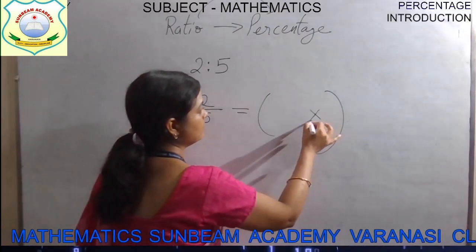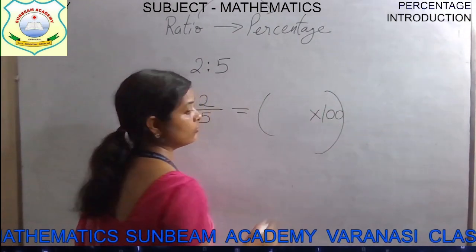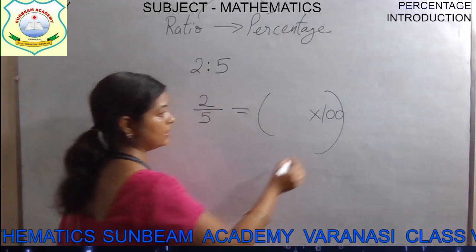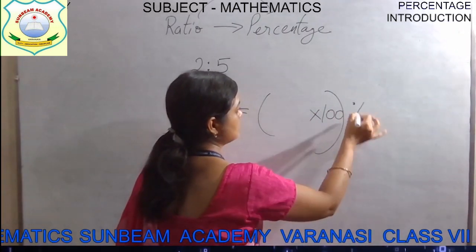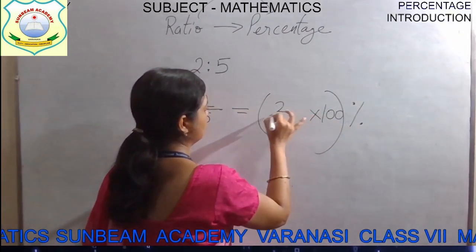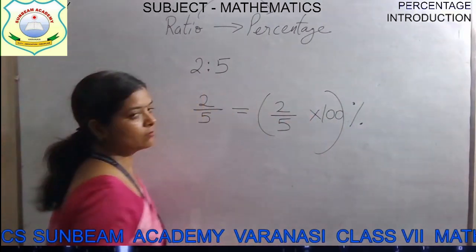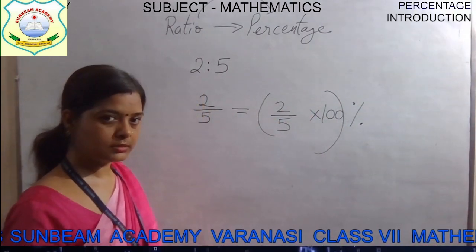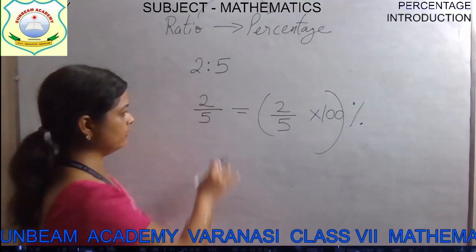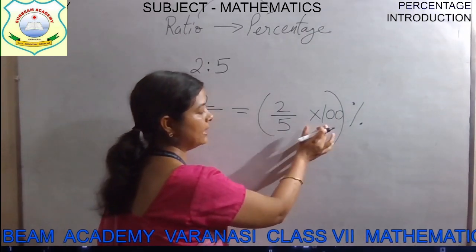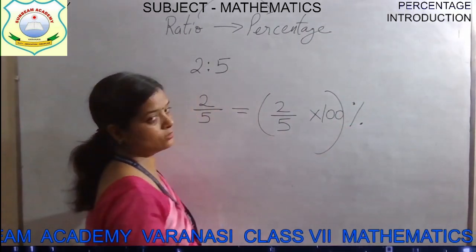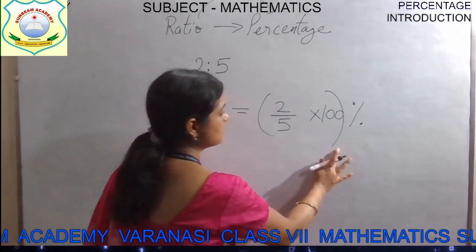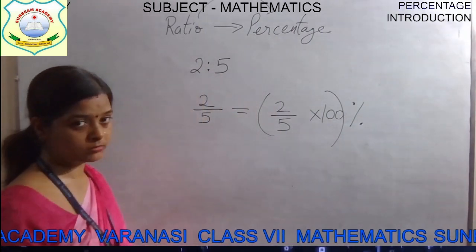If you multiply that value with 100, you have to put the percentage sign also. We will multiply 2/5 with 100 and put the percentage sign. If you do not put the percentage sign, it will be wrong.